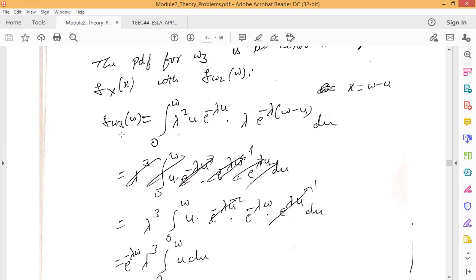So here the PDF of the random variable W3 can be defined as fw3 of w is equal to the integration of lambda square u into e to the power minus lambda u.